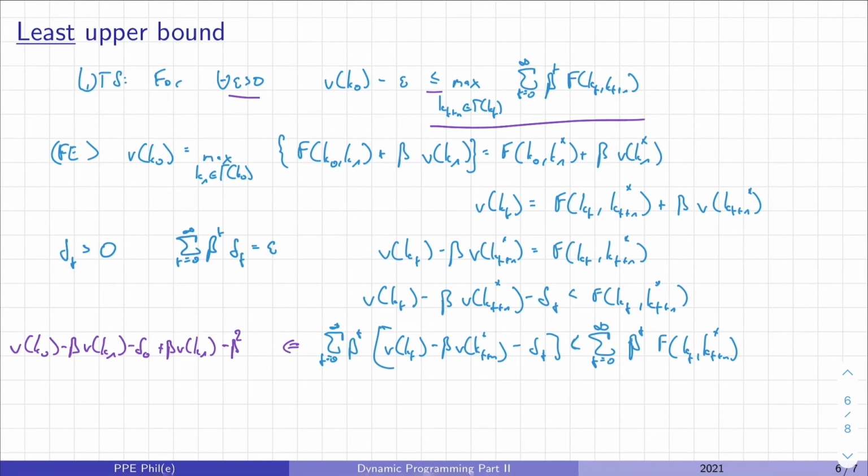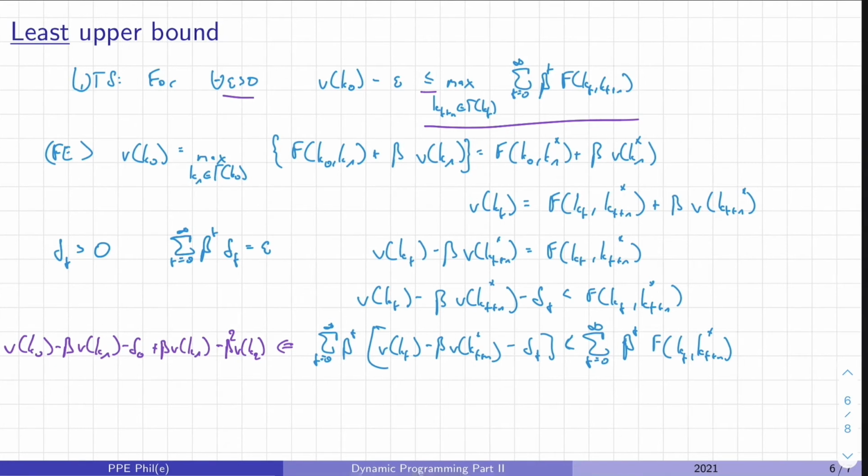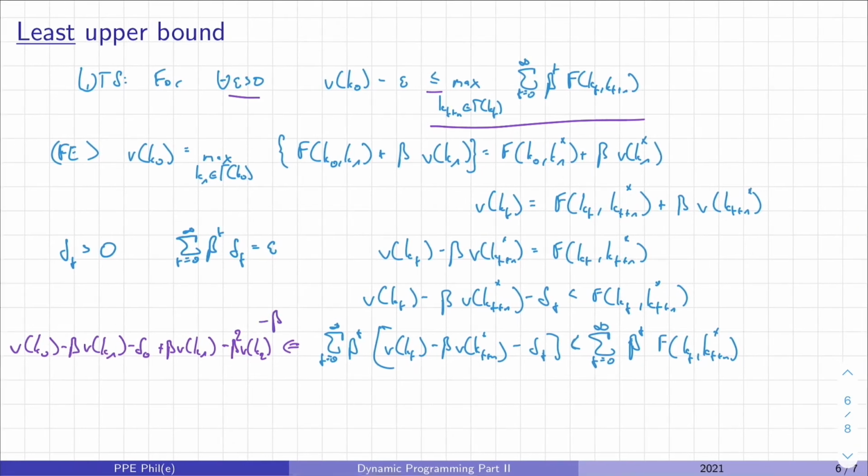Minus beta to the power 2 v(k2) minus delta, excuse me, minus beta delta 1.